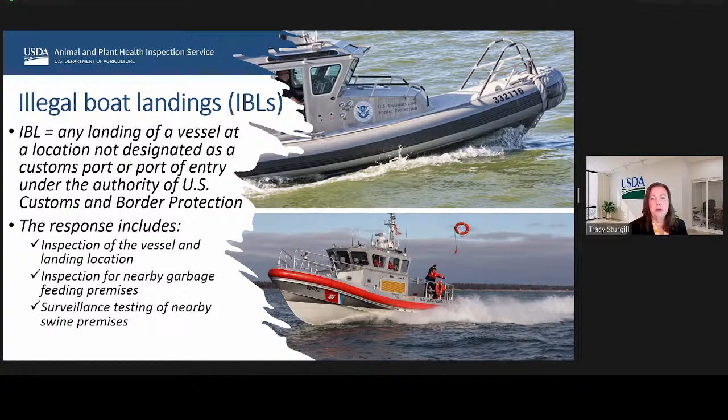And so the response actually includes inspection of the vessel that's landing, the landing location to ensure that there are no swine commodities or other risky materials that have been brought in, inspection of a 3-kilometer surveillance area for garbage feeding premises around that landing area, coordination with the official veterinarian for surveillance testing of any susceptible swine premises that are identified within that 3-kilometer surveillance area, and that occurs on both 10 and 20 days post-landing.